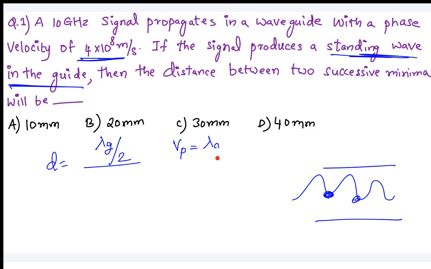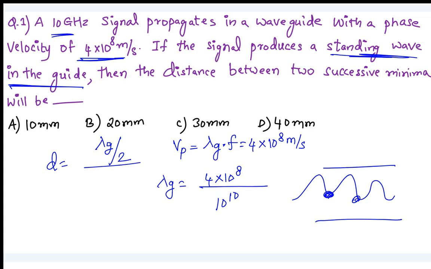So the guided wavelength is 4 × 10^8 divided by the frequency, 10 gigahertz, which is 10^10. So lambda g equals 4 × 10^-2 meter, that is 4 centimeter or 40 mm. But 40 mm is not the answer. This is the guided wavelength, and the distance will be lambda g by 2, so you get the answer as 20 mm.